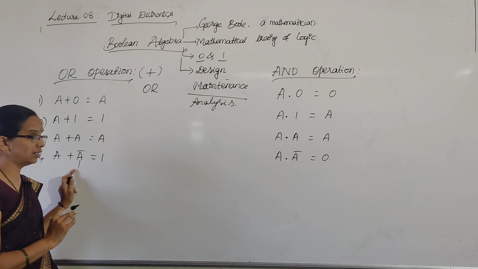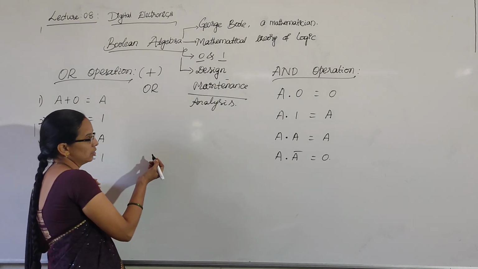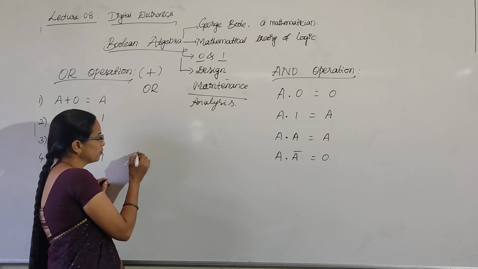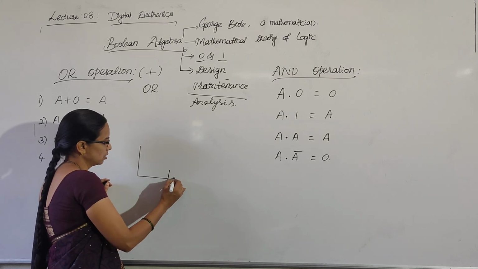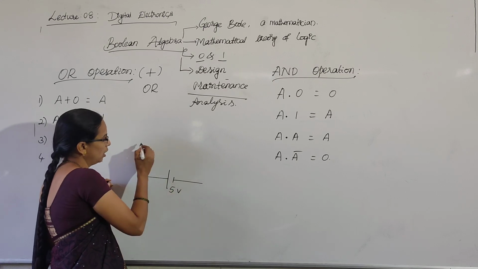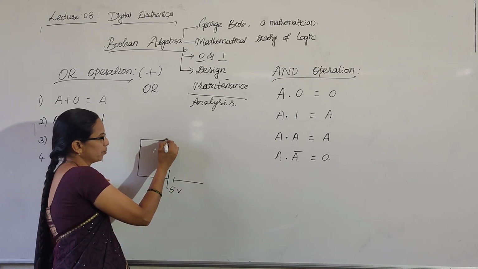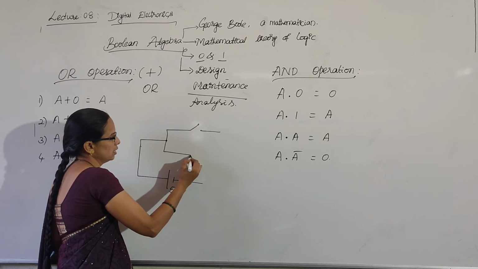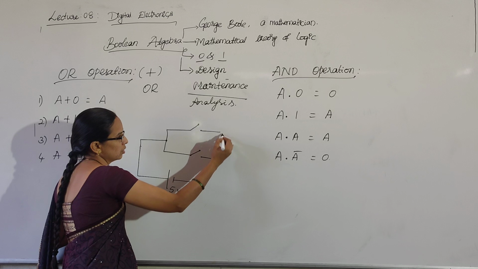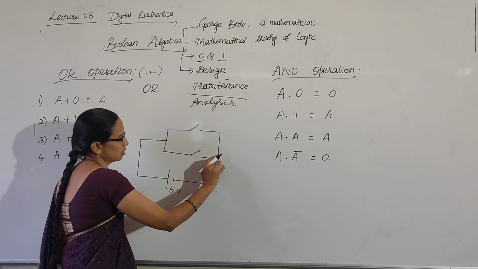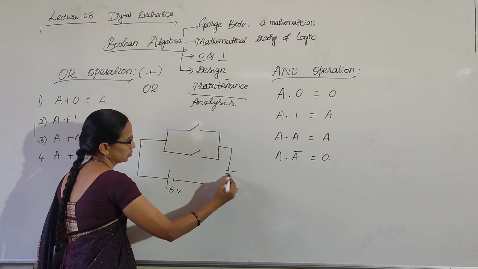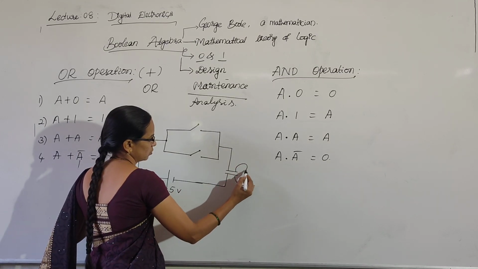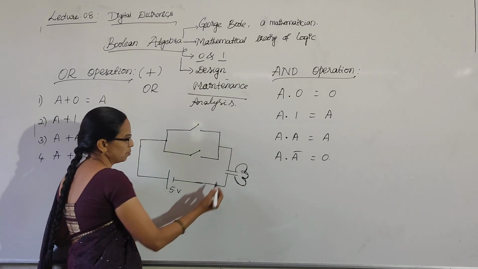If you understand the OR operation properly, I draw a circuit for this. I have connected a 5-volt battery. There is a parallel connection of switches here, and the bulb.